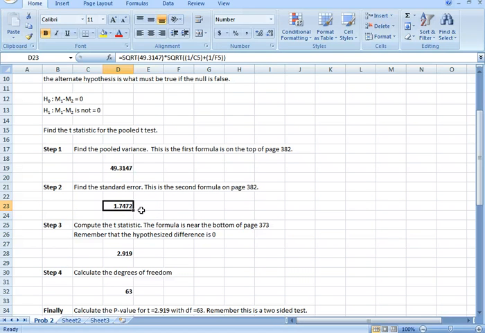Now that we have that, we can compute the t statistic in step 3. So this formula is near the bottom of page 373, and remember that our hypothesized difference is 0, and we'll need that for this problem. I'll click on that cell, you'll see our formula there.